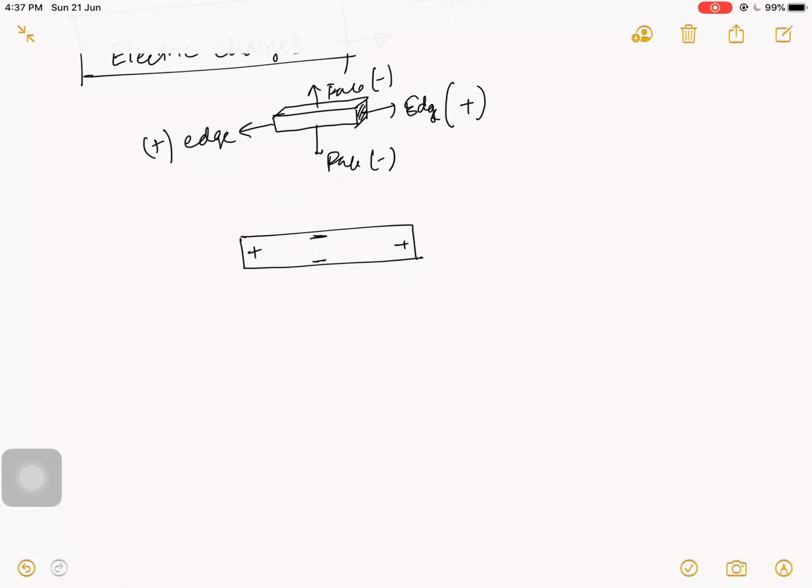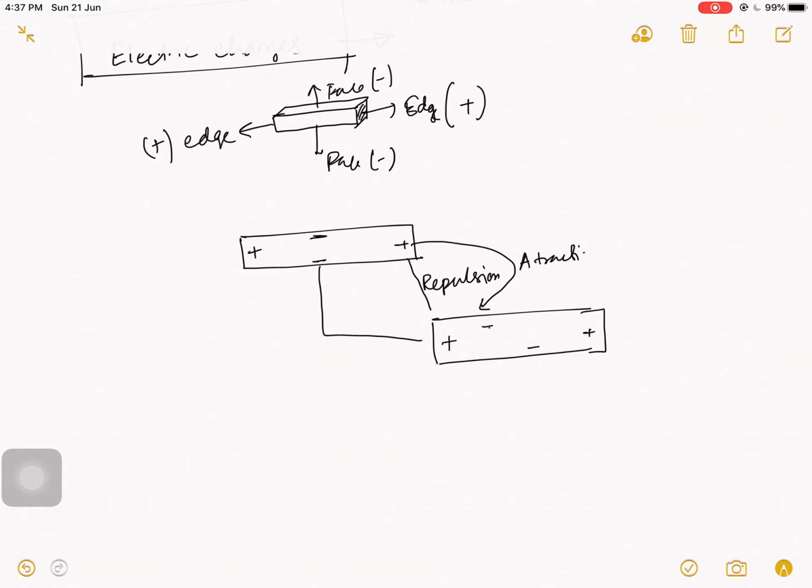Suppose another flocculent particle comes here: plus, minus, plus. You tell me, plus to plus there should be repulsion, negative to plus there should be attraction, this negative and this positive attraction, again this negative repulsion. So what will be the net result?